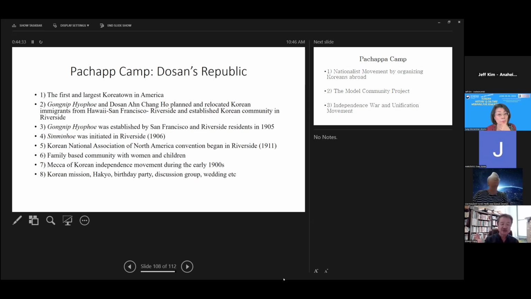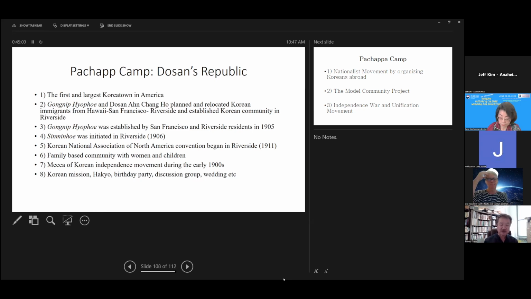Shinminhae, the New Korea Society, a secret organization, was established by Ahn Chang-ho in 1907. But before he left for Korea in 1907, he was initiated in Riverside in 1906. In 1911, the Third Korean National Association of North America Convention was held in Riverside and established a democratic principle.